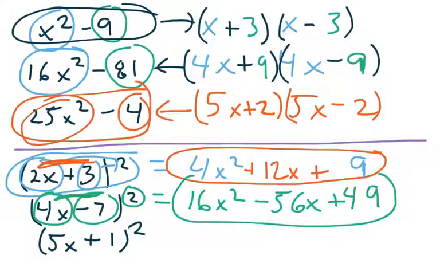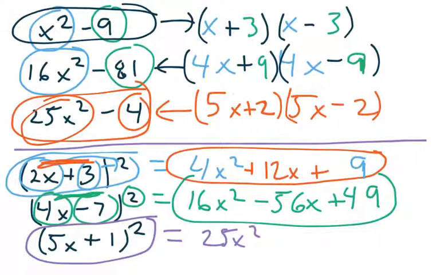So what I'd like you to do, guys, is could you please try the last expression now using that same pattern? Please pause the video right now. Okay, hopefully what you got was 25x squared, because after all that was 5x squared, right? 5x times 5x.